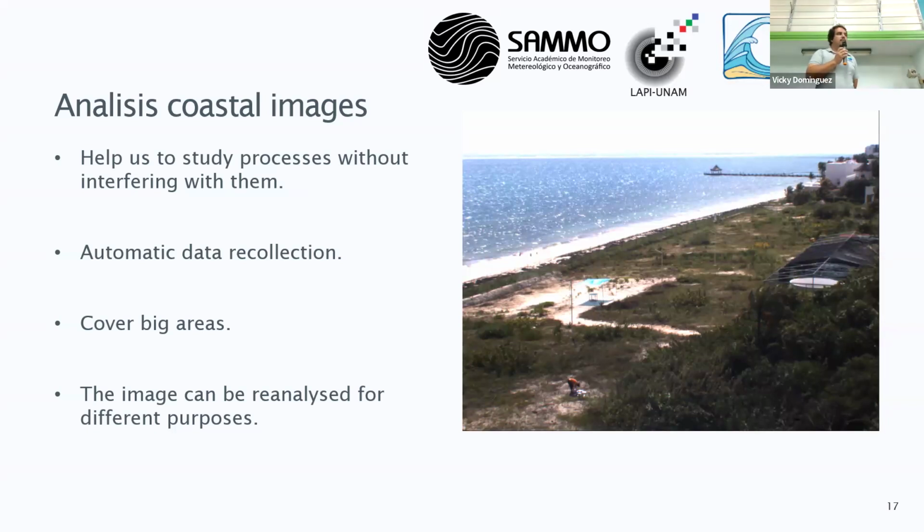Then in 2015, when the first sargassum bloomed there in Puerto Morelos, the camera and the images could also be used for an analysis of the sargassum and how it behaves near the coast. So we can change the main purpose of the camera, and we can use the same images for both purposes.